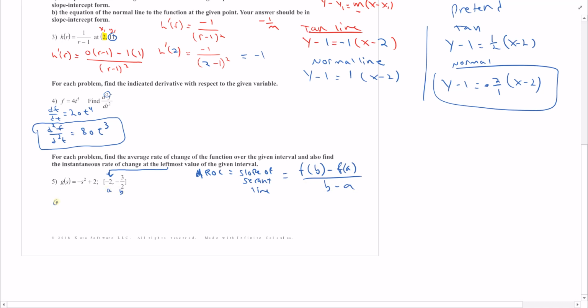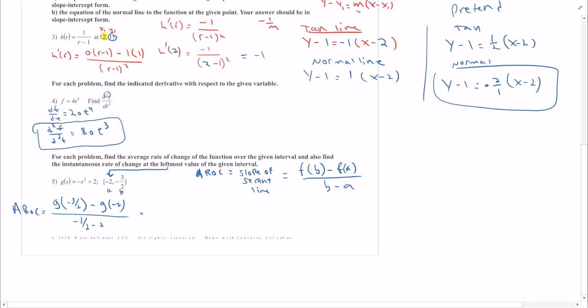So average rate of change is going to be g of negative 3/2 minus g of negative 2 over negative 3/2 minus negative 2. It's the average rate of change, right?